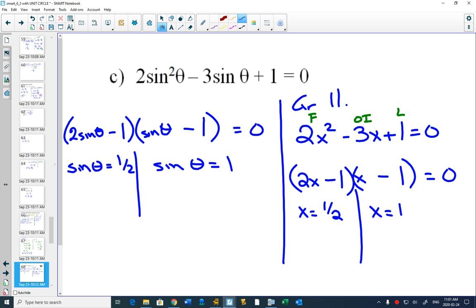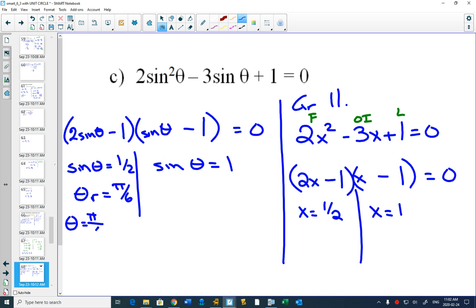So this is identical to what we did in grade 11. The difference now is you still have to solve for theta. Is 1/2 on your pie plate? What family? Because that'll be your reference angle. Pi over 6. Sine is positive. What quadrants would it be in?